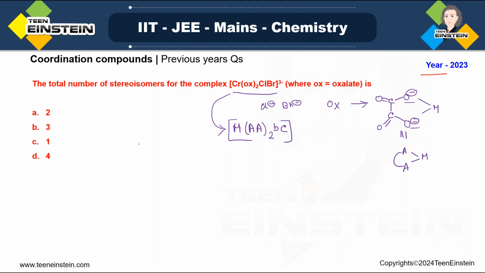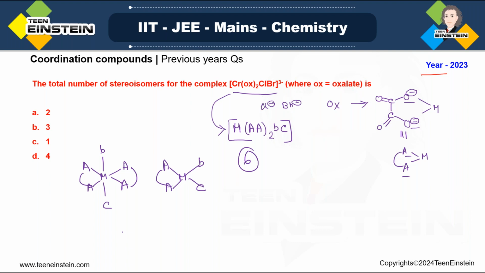Here now we will write the stereoisomers. Now AA, as it is binding to the metal from 2 sides, the possibility is it can bind with the metal in this way. Now 2 sides are left, obviously it will be octahedral because the total binding sites are 6. Here I am placing B and here I am placing C. Now another possibility is if I write B and C, now see it is different.